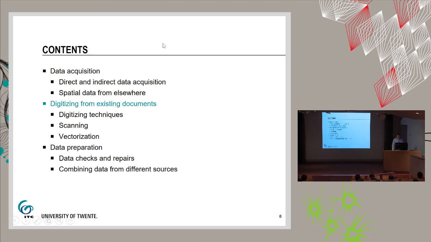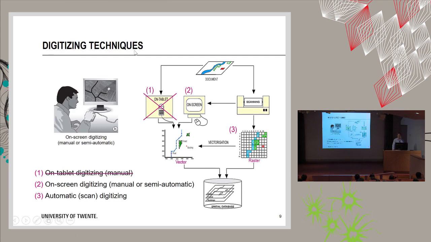So let's have a look at this digitizing. What kind of techniques are available? There are different techniques available to digitize your documents, for example, a map document. One technique which is really outdated, which is not used anymore, is on-tablet digitizing. Then you have to manually trace your features from a map which you stick on a tablet.